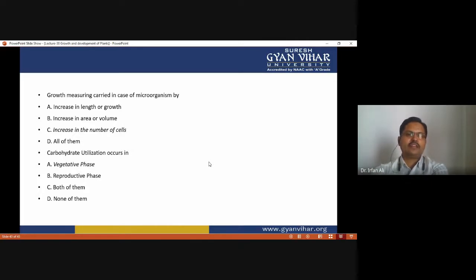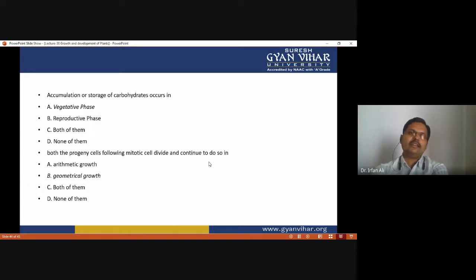Carbohydrate utilization occurs in the vegetative phase of growth, and accumulation or storage of carbohydrate occurs in the reproductive phase of growth. When both progeny cells following mitotic cell division continue to divide again and again, it is called geometrical growth.